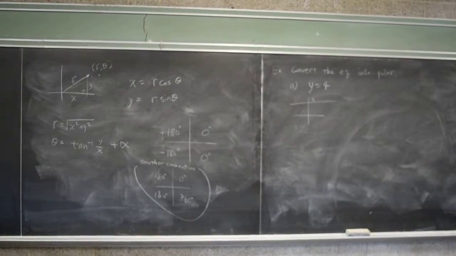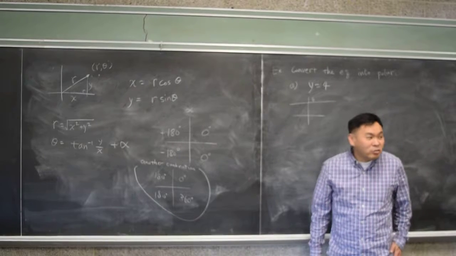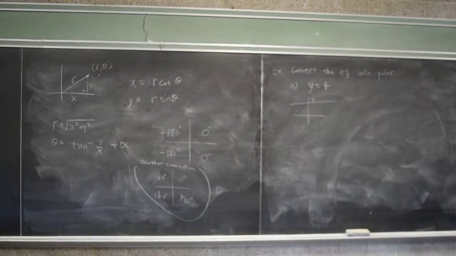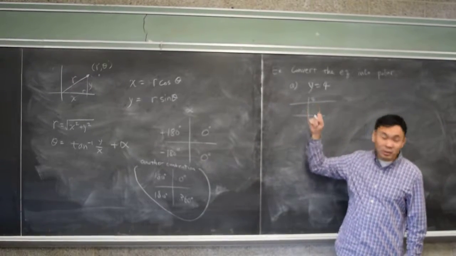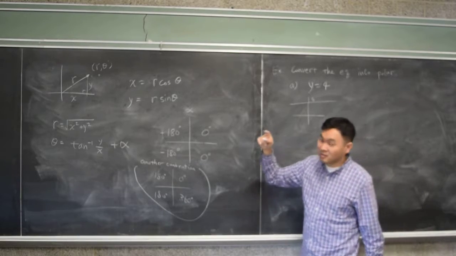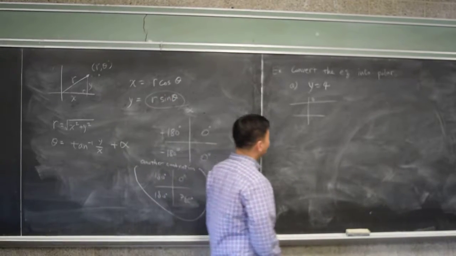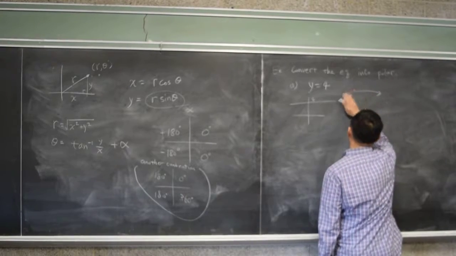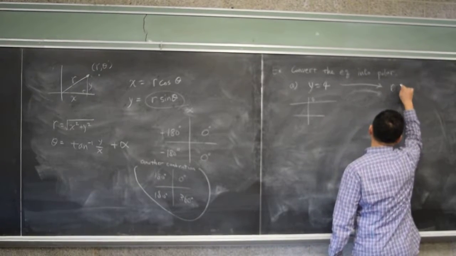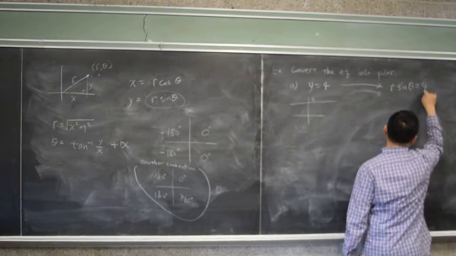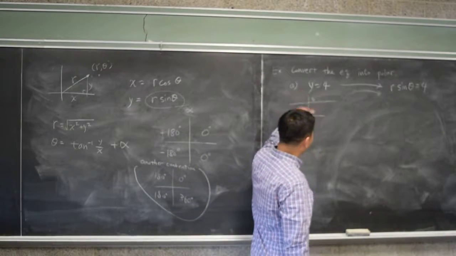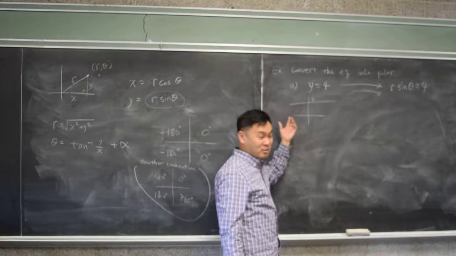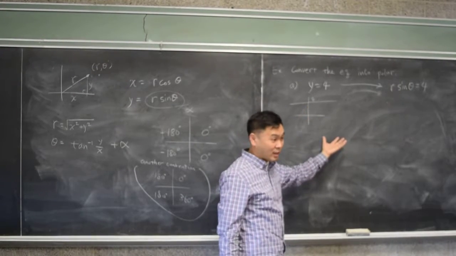Now what would happen if you change this into a polar coordinate equation? Well, an equation in polar coordinates means that you're not going to use x and y, you want to use r and theta. Right? So instead of having y, what do you want to put? So in polar, this is r sine theta equals 4. But just as when equations are written in rectangular form, usually you want to write y equals a function of x, right?